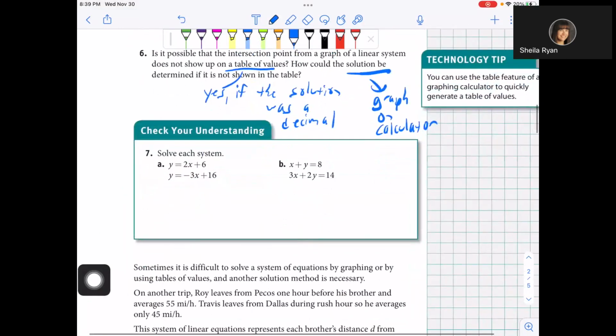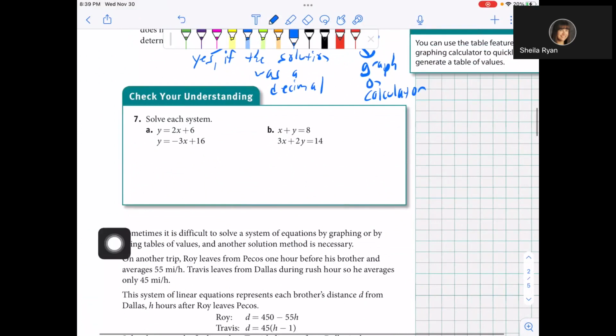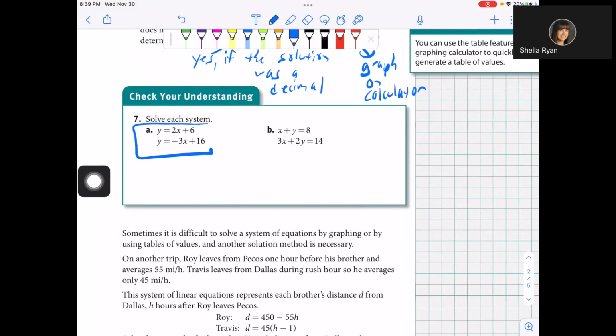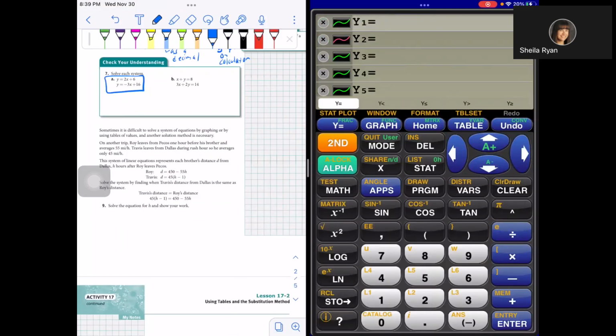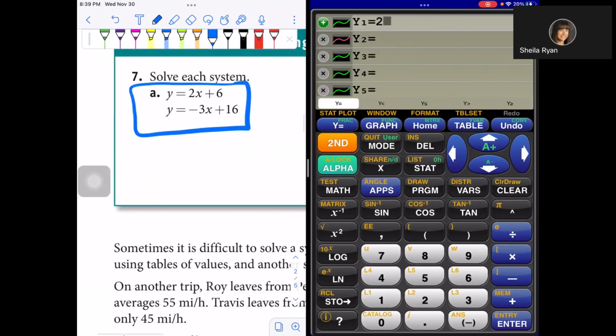All right, in the middle of the page, we're going to solve the system. So for number 7, this is a really easy one to do on the calculator. So if we go to our y equals, 2x plus 6 and negative 3x plus 16.